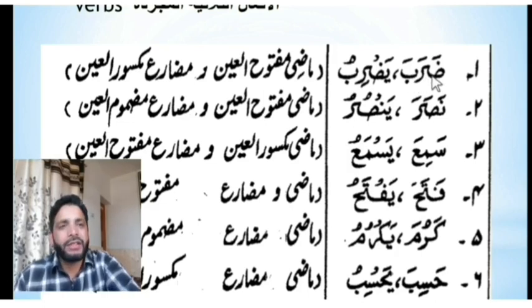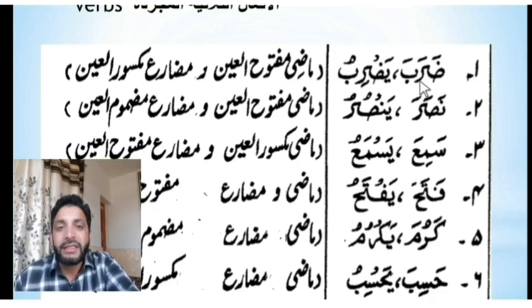So when I say zaraba, it is equivalent to fa'ala. When I say za is fa kalima, it means it is in place of fa. In fa'ala, the position of fa is occupied by za.